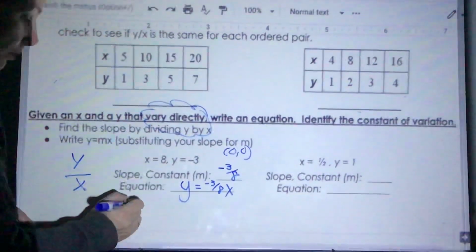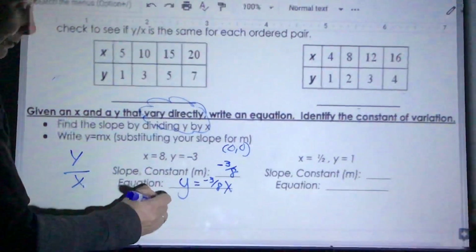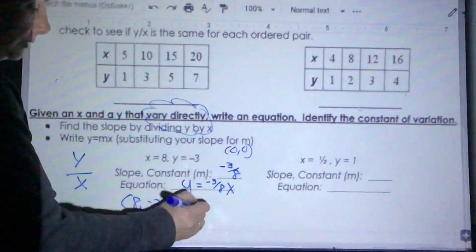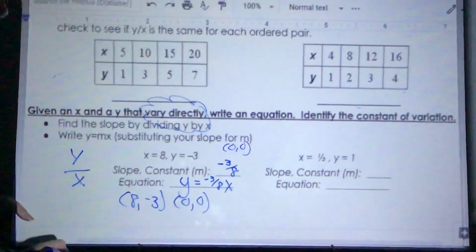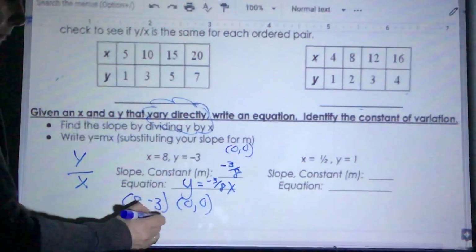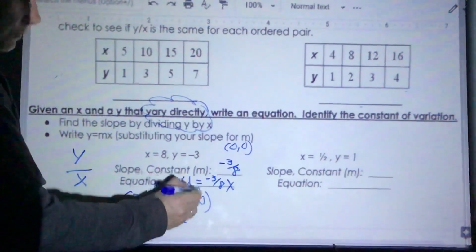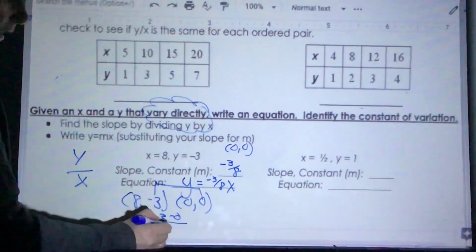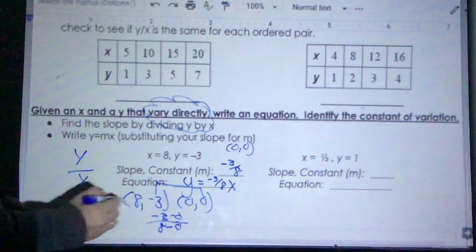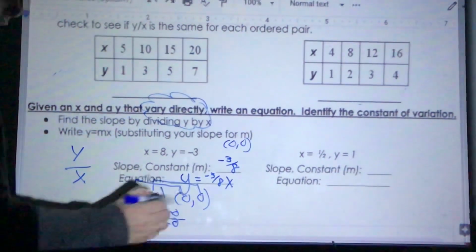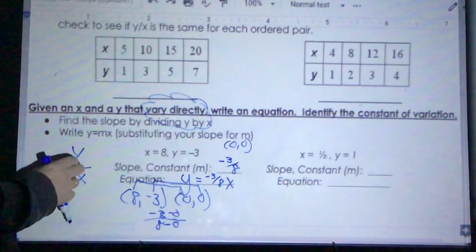Because one point is 8, -3. We know 0, 0 works. So if I subtracted to get my slope, I would be doing -3 minus 0 for the top, y minus y. And I would be doing 8 minus 0 for the bottom, x minus x. And I would get -3 over 8.